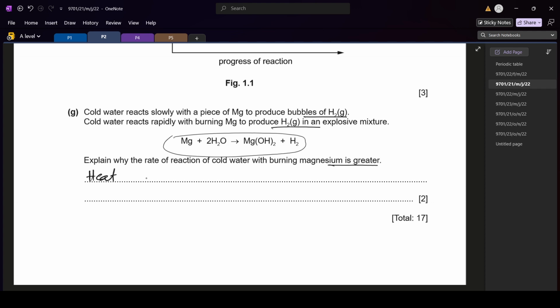Heat provides molecules or particles. It is better to write particles here.